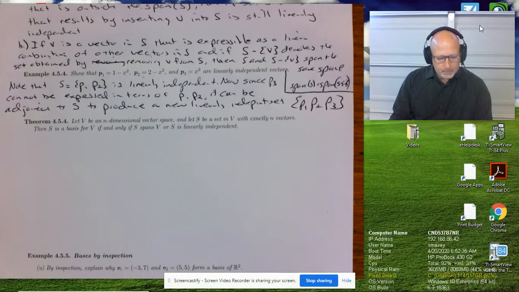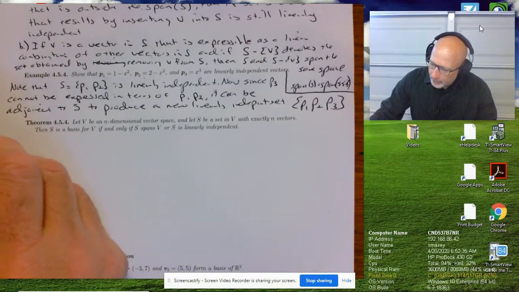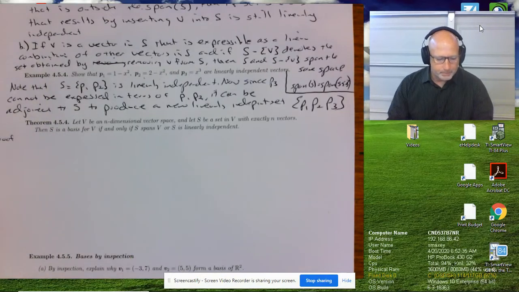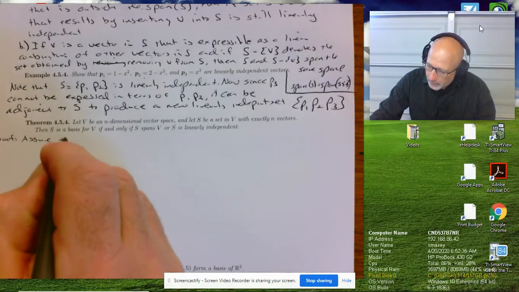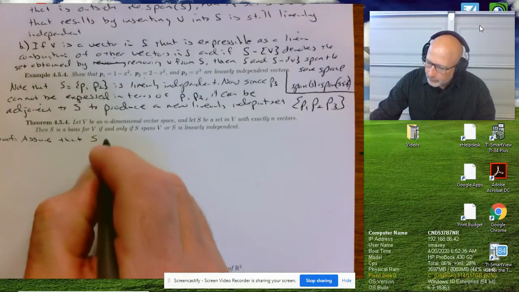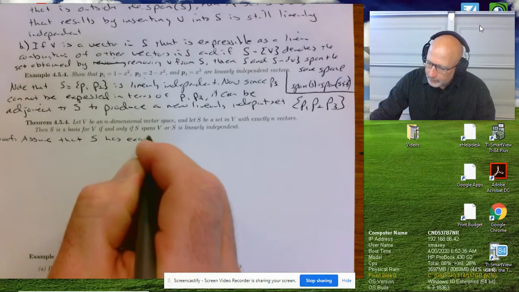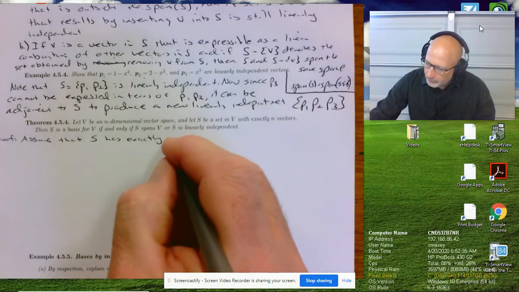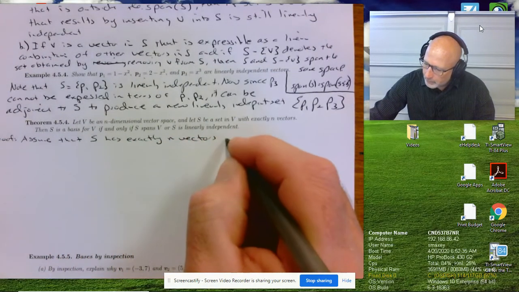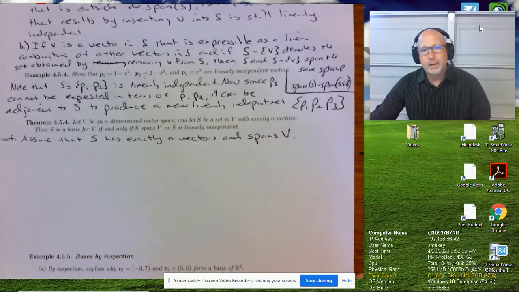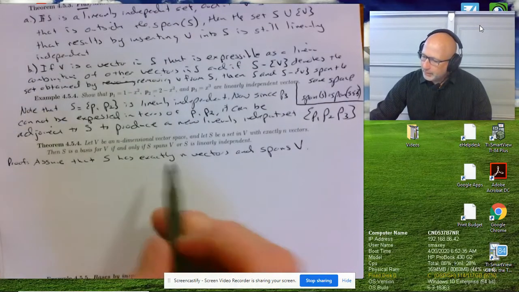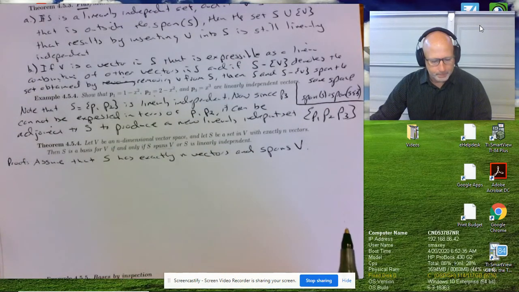Okay, so here we go, proof. And like I said, you're going to have to write small. We have two different things going on here, right? So first we're going to assume that S has exactly n vectors and spans V. So what we're doing is showing that it spans, and we're trying to show that it's independent here.